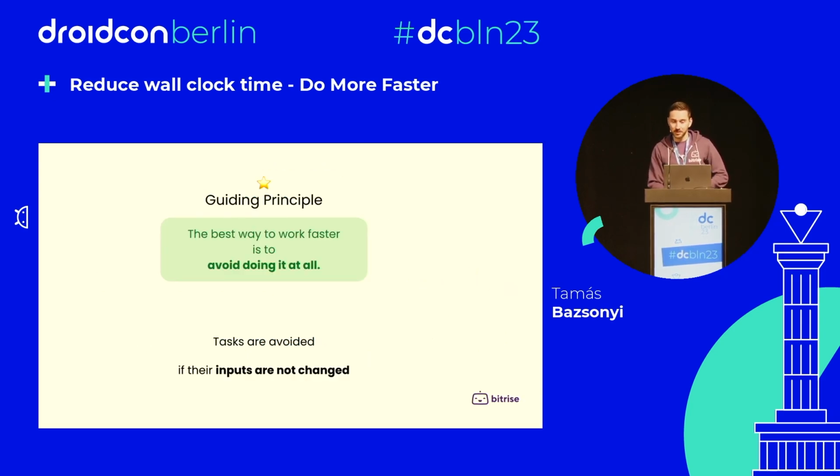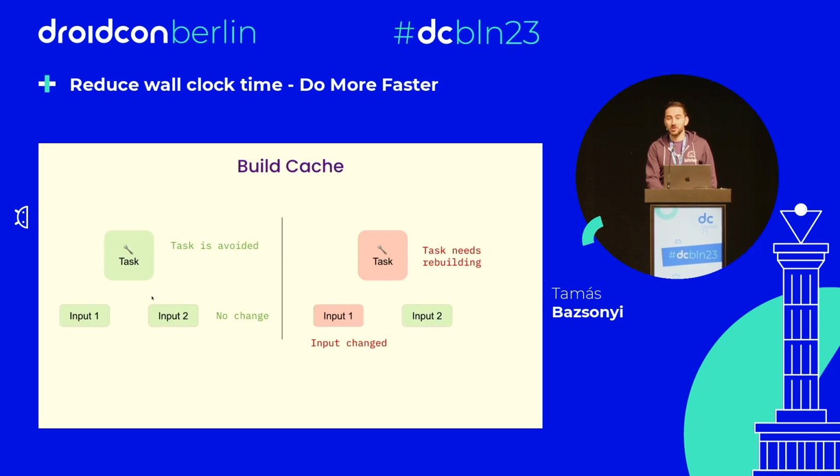Just to look at the guiding principle, the best way to work faster is to avoid doing anything at all. This goes for task executions as well. So why should we rerun any tasks if their inputs didn't change?